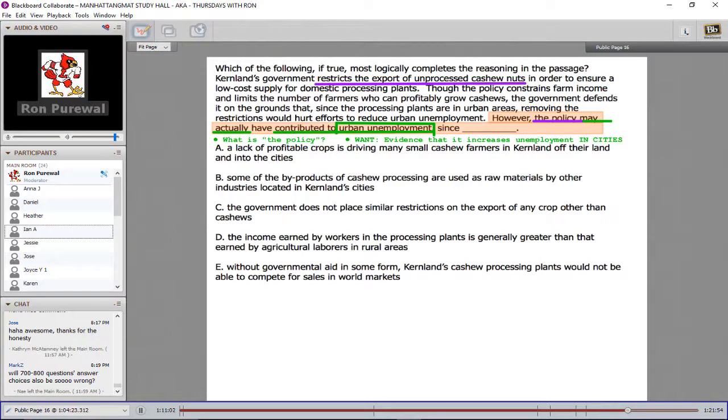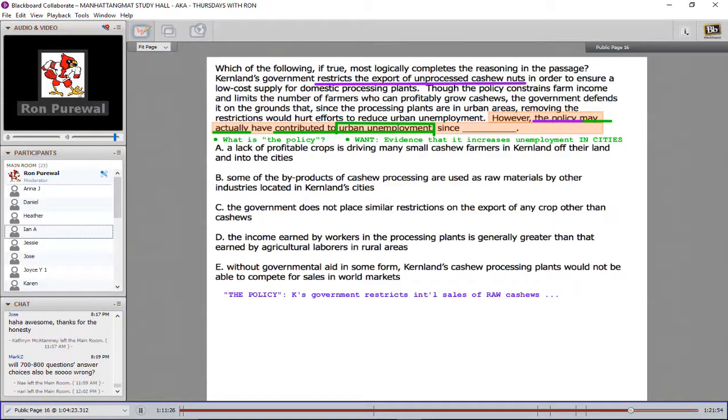Kernland's government restricts international sales of raw cashews so that those cashews go to the processing plants in Kernland cities instead.